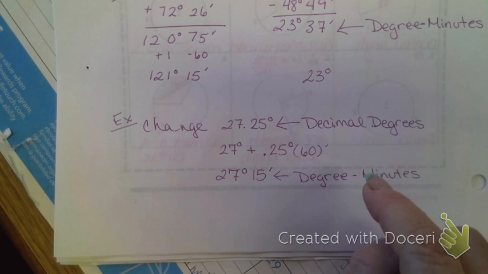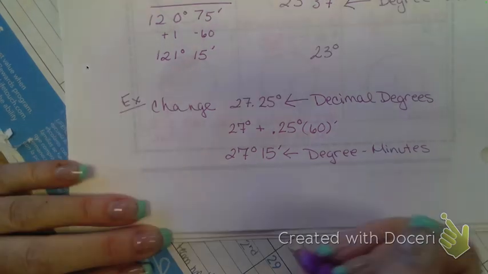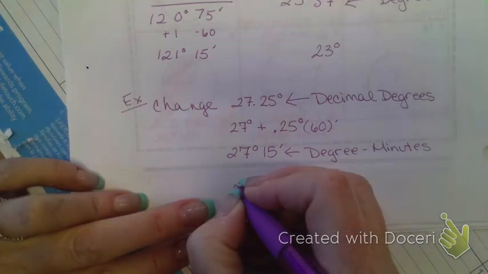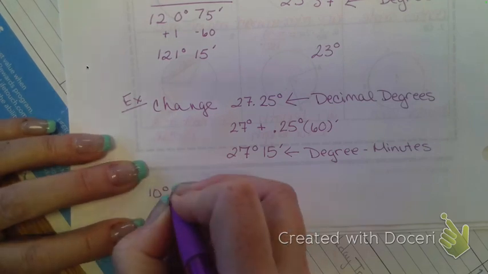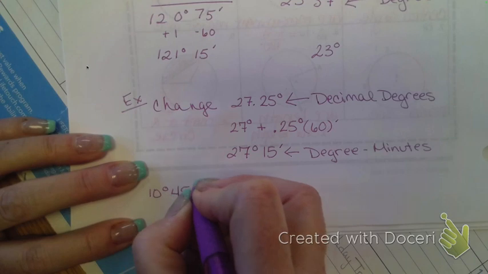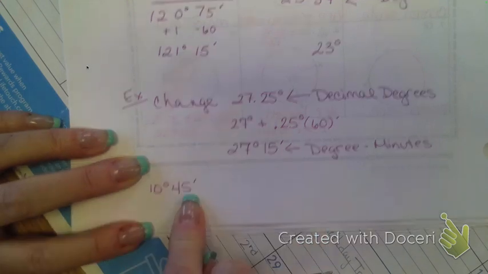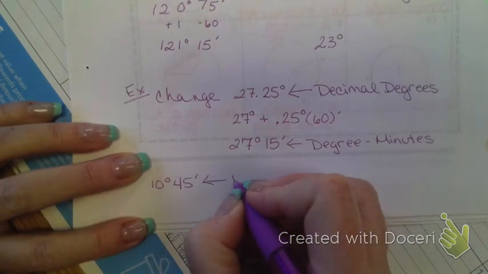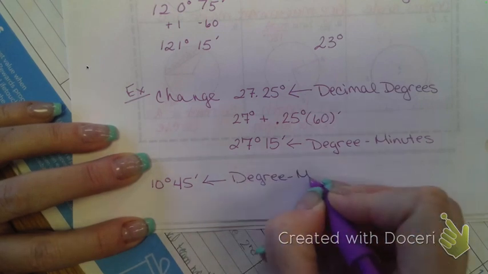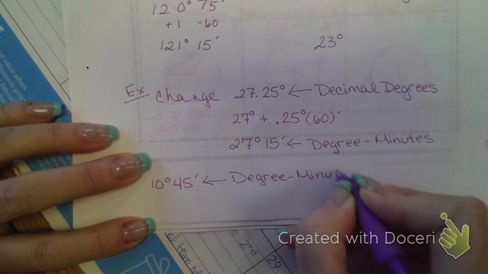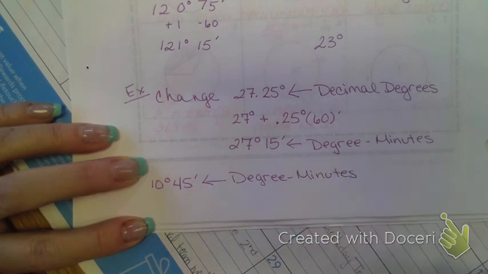Okay? So now we probably should go the other way. Let's go 10 degrees, 45 minutes. And this is what units? Degree minutes. So I'm going to go to decimal.